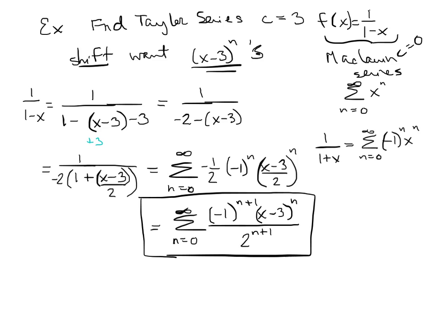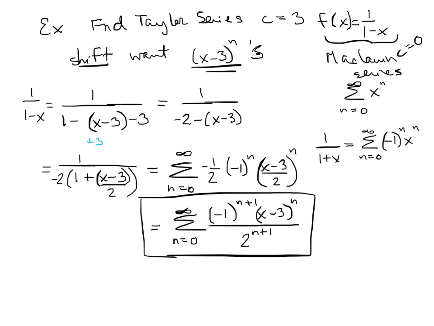We could have also taken a lot of derivatives and then found a general term for those derivatives. So if we could have put them all into a general term of the derivatives divided by n factorial, we should have gotten this, the (-1)^(n+1) over 2^(n+1).